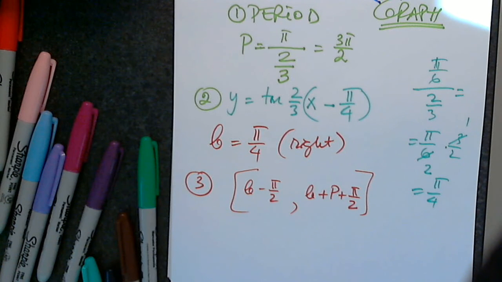So it's 1, 2, 3. This is okay. So b, which is pi over 4, and I go 1, 2, 3. Okay. There is no need for you to do something like this. So it's negative pi divided by 2.